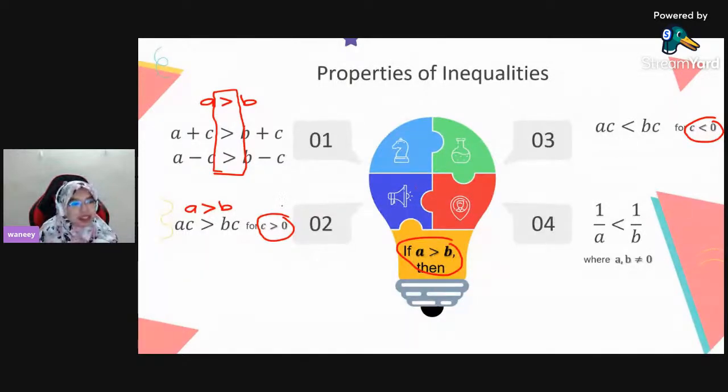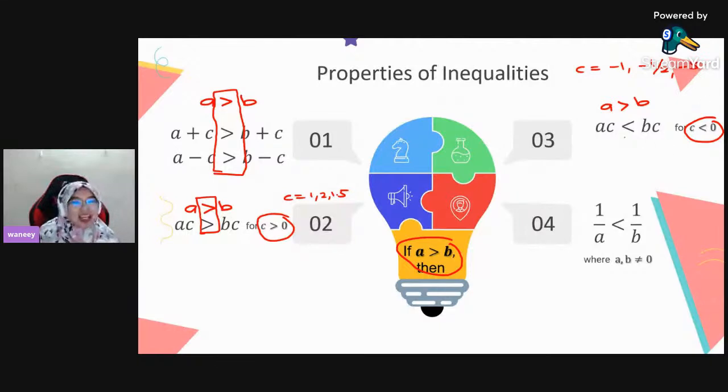So perhaps C is equal to 1, 1.5 and so on. So some positive number. So if you times with some positive number, the inequality sign will stay the same. So it won't change. However, if you are multiplying with some negative number, for example, let's say C equal to -1, negative half, or perhaps negative what?